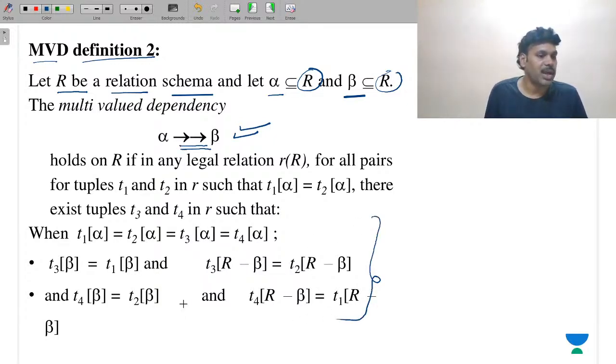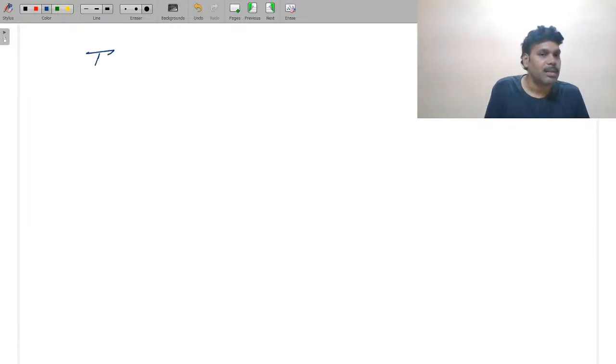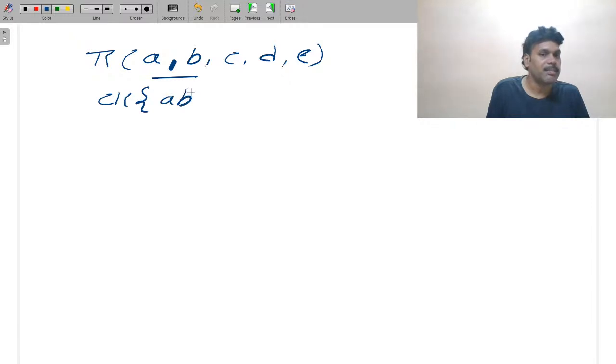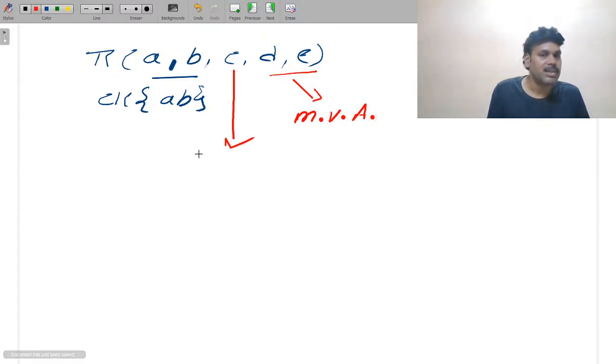Need to cross check. Friends, don't think that when you have multiple multi-valued attributes like this, for example, I say the candidate key is AB, and DE are multi-valued attributes, and this is your single-valued attribute.